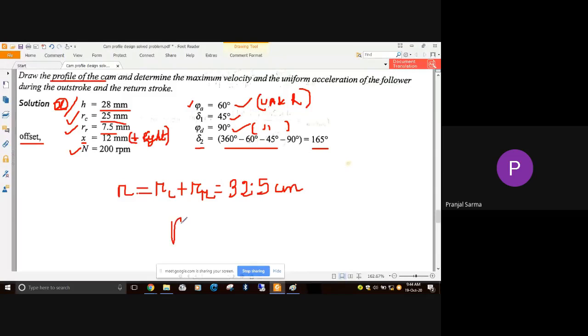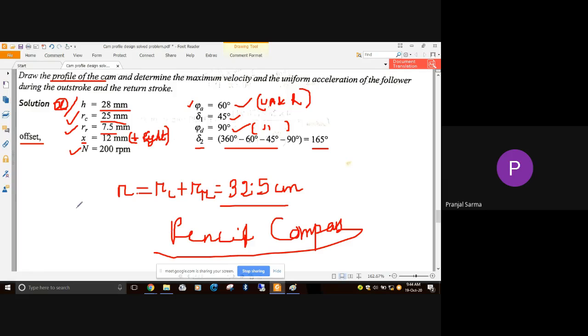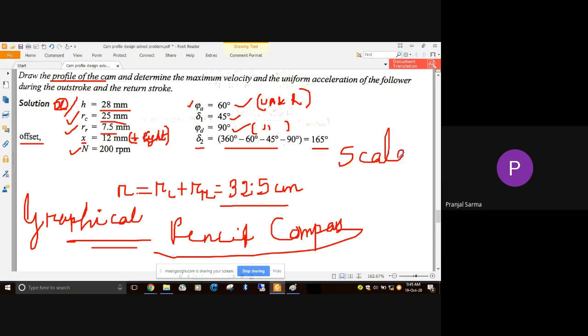Considering the pencil compass, you use the pencil compass and draw one circle having this kind of radius. As these are graphical methods, you have to have all the geometrical instruments, and drawing to a proper scale is very, very important.